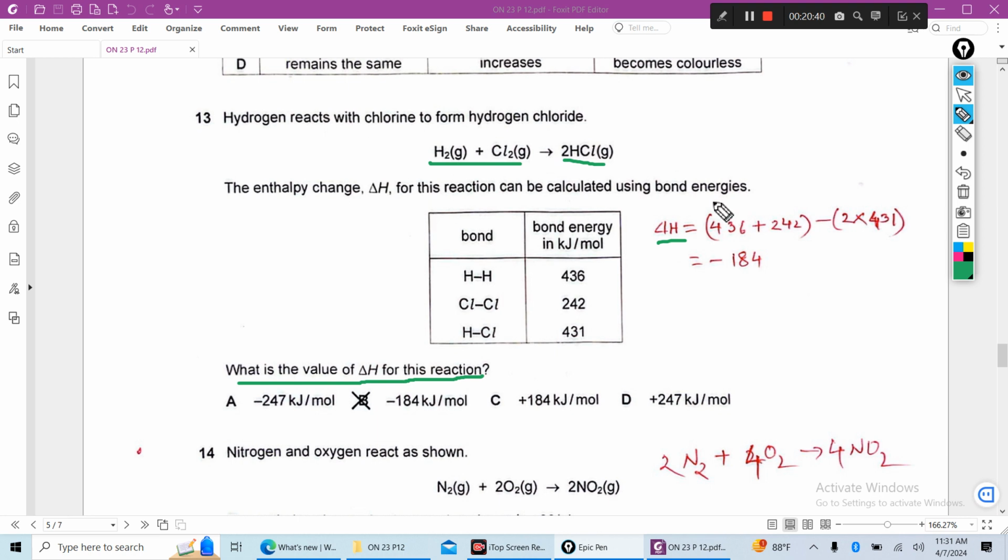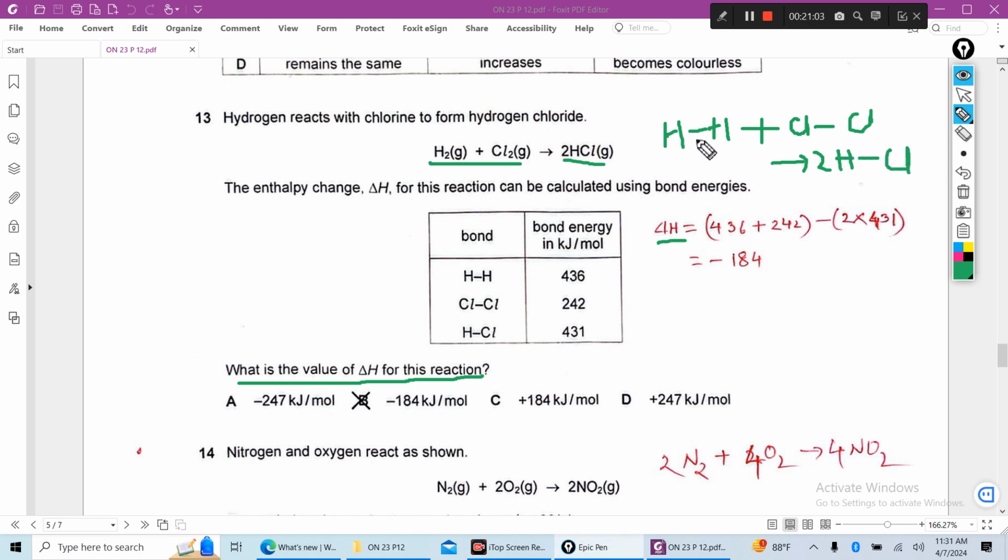So here the reactants are 1 hydrogen bond plus a chlorine Cl bond, and the product is 2 HCl.